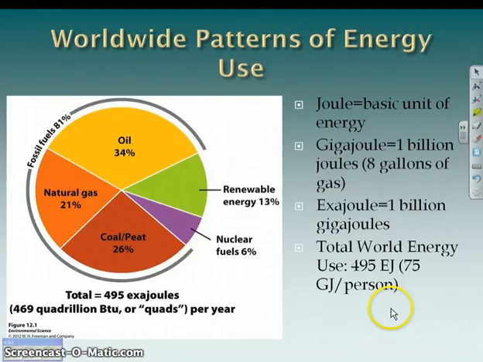Altogether, all people all over the world use about 495 exajoules of energy, which averages to about 75 gigajoules per person. And our graph shows us that 81% of our energy use comes from fossil fuels, with a small amount from nuclear, and a little bit from renewable energy.